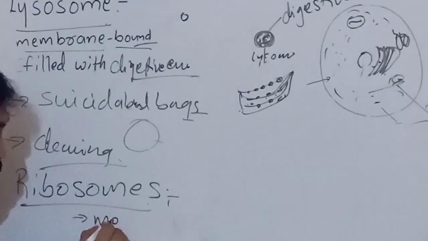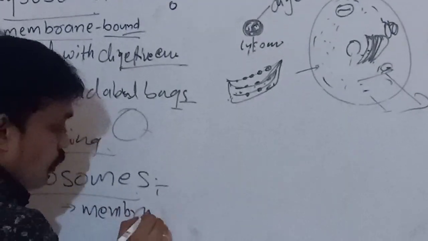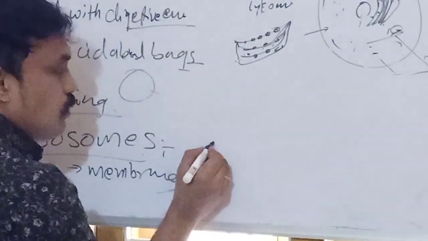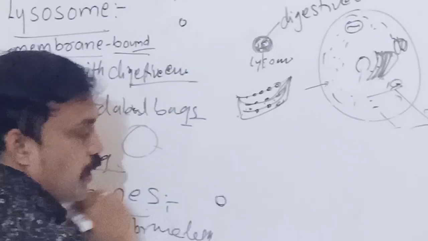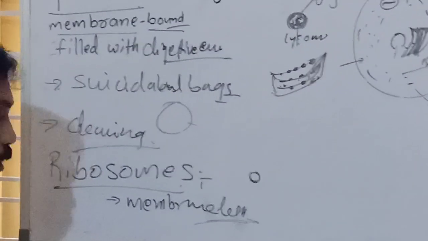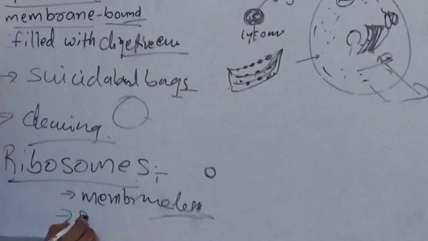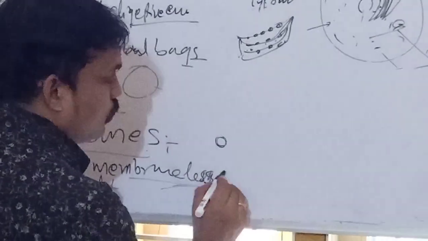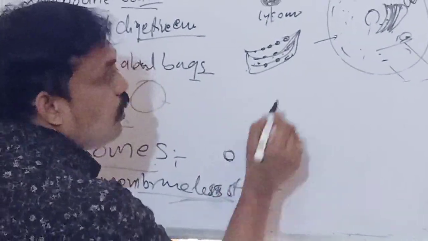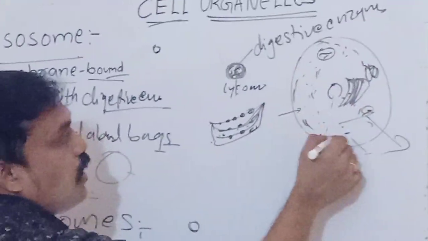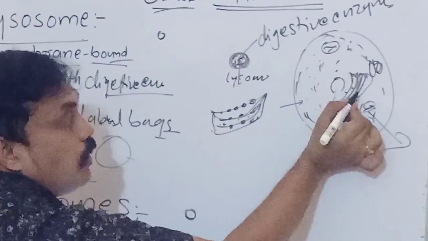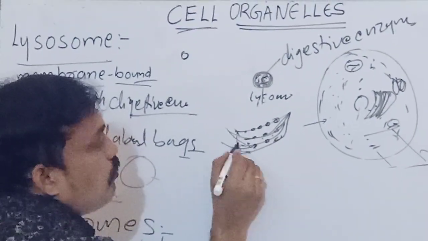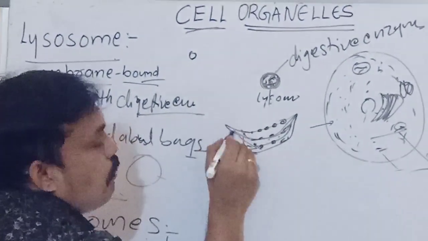Remember, very important: ribosomes are membrane-less. They are not covered with any membrane, just small dot-like structures. Ribosomes are scattered in the cytoplasm and attached to the endoplasmic reticulum.